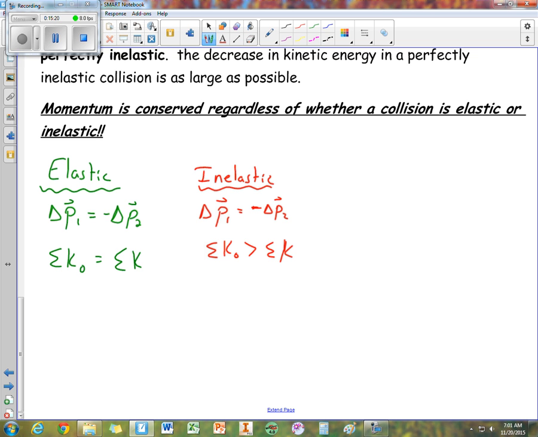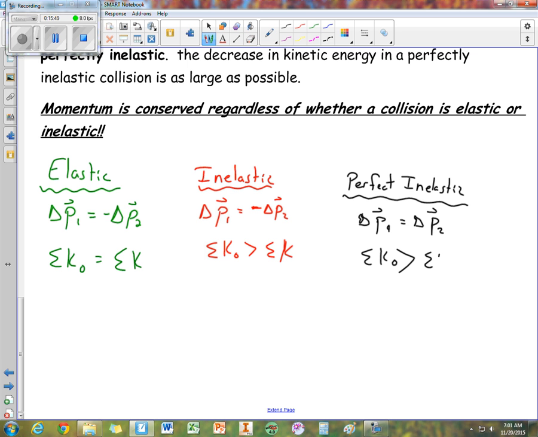And then for perfectly inelastic collisions, momentum is conserved. Once again, the initial kinetic energy is much, much greater than the final kinetic energy, and the objects stick together after they have collided.